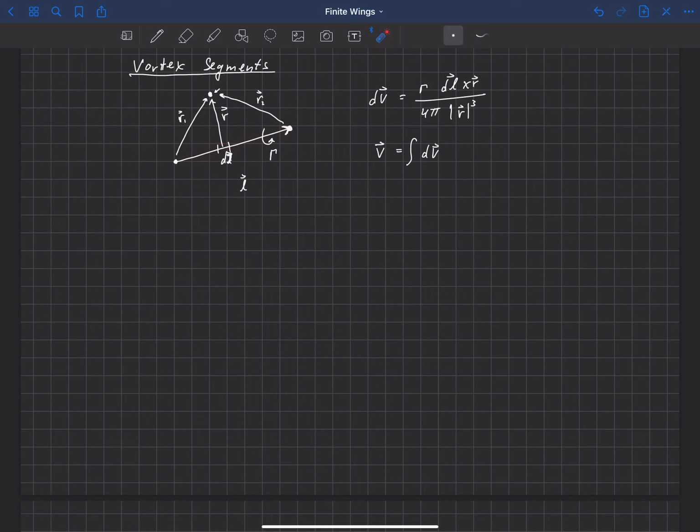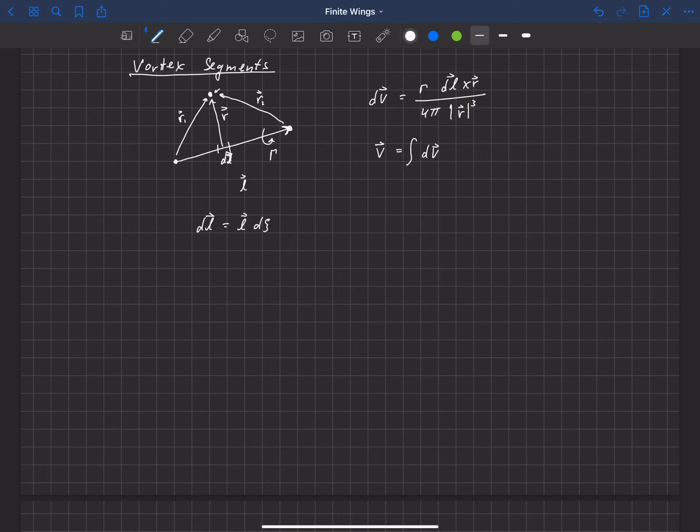In order to do this, we write out a few different definitions here. For example, we can say that dl is equal to L times d zeta. We can use zeta as the variable of integration as we move along the segment.